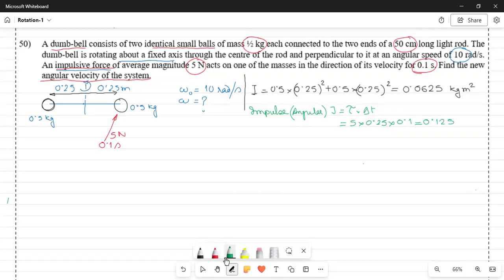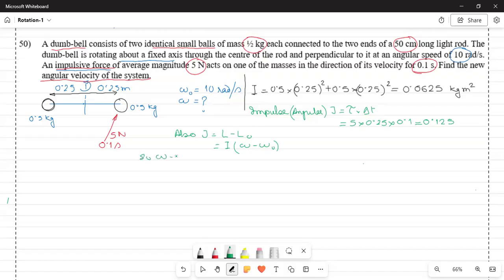Also, go to your textbook. Impulse J is equal to the difference of angular momentum, L minus L0. Now, L is I omega, L0 is I omega 0. So J is I times omega minus omega 0.